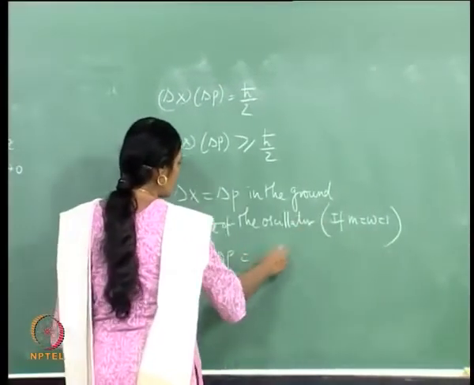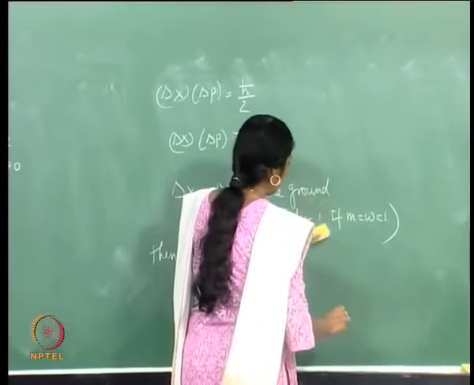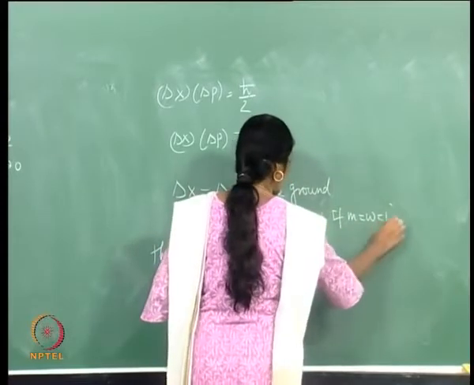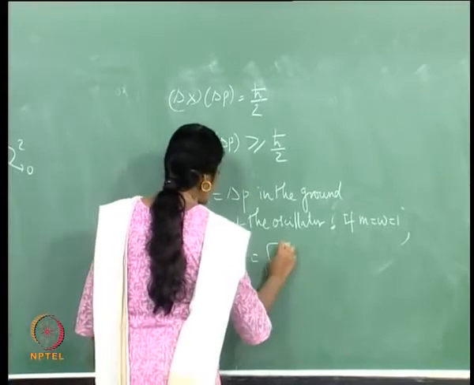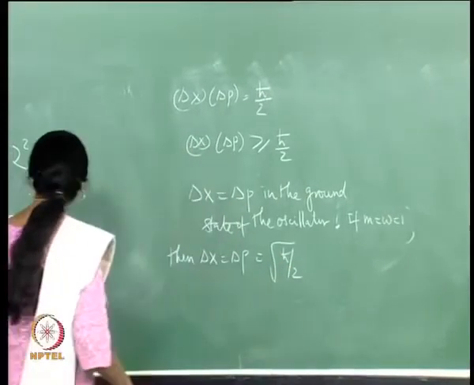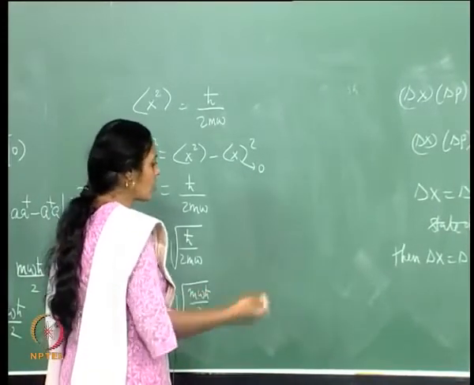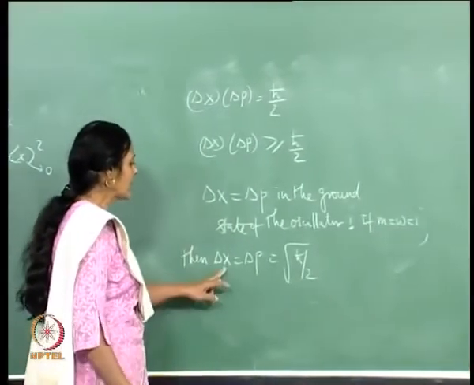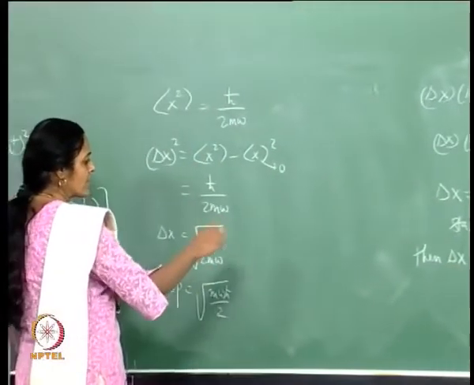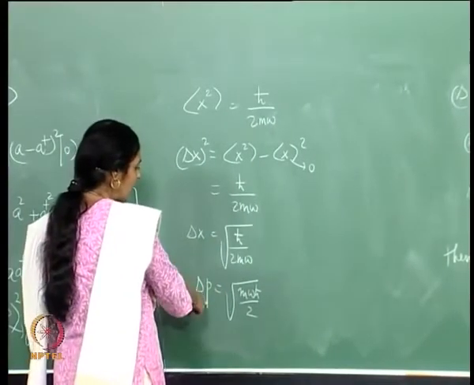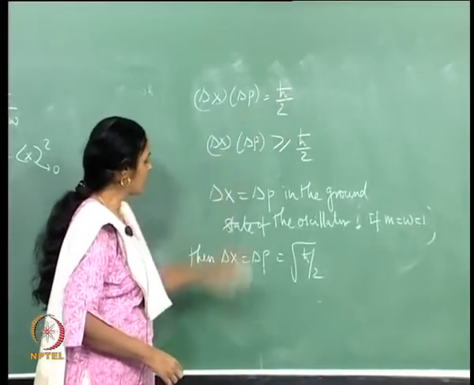If m is equal to omega is equal to 1, then delta x is equal to delta p is equal to root of h cross by 2. In natural units, h cross also would be set equal to 1, then delta x is equal to delta p is equal to 1 by root 2. But as it stands, this is the value of delta x and that is the value of delta p, and the product tells us it is a minimum uncertainty state.